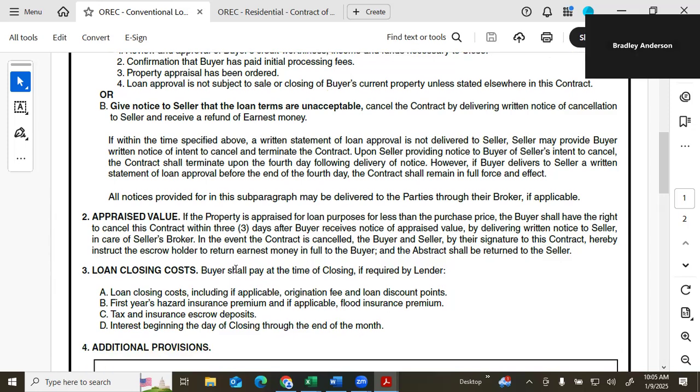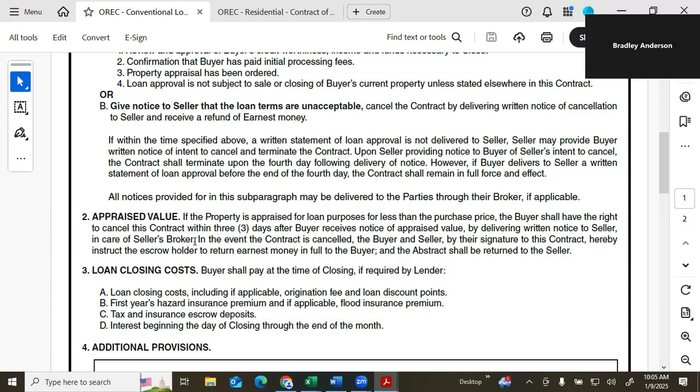Well, then it goes on to say, talks about the appraisal value. If the property is appraised for less than the purchase price, the buyer shall have the right to cancel the contract within 3 days after the buyer receives that appraised value by delivering written notice to the seller in care of the seller's broker.